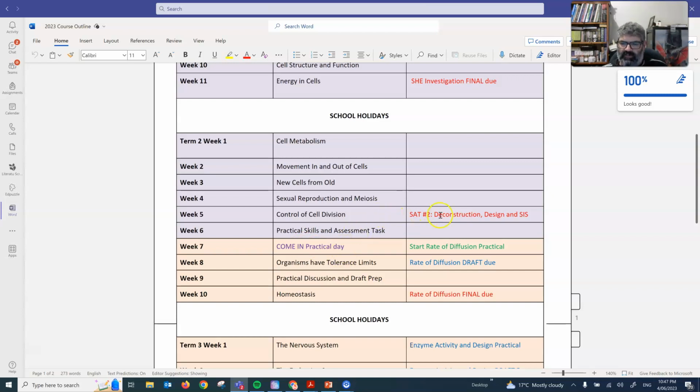And over week 5 and week 6, you'll know that this is the deconstruct and design and the science inquiry skills task that I've spoken to you about last week. That is due this Thursday.